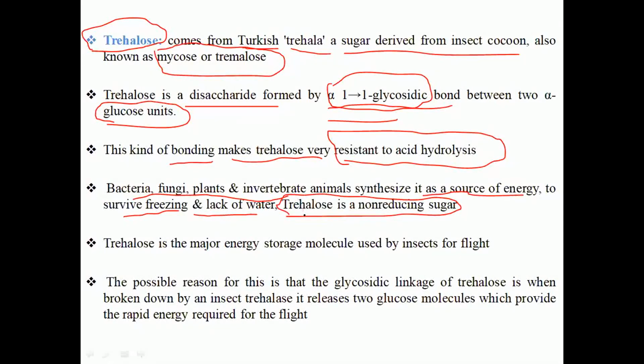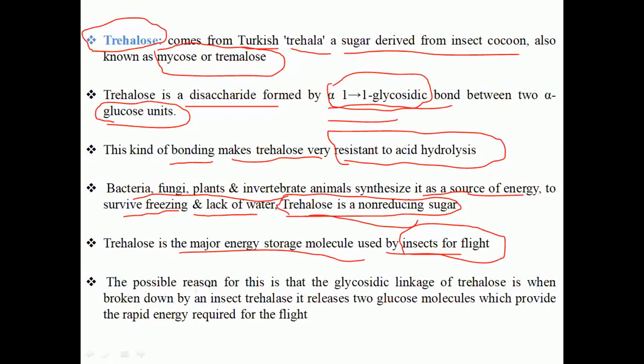because trehalose has no free anomeric carbon. Also, trehalose is the major energy storage molecule used by insects for flight. So those insects which fly can use trehalose as a major energy storage molecule.